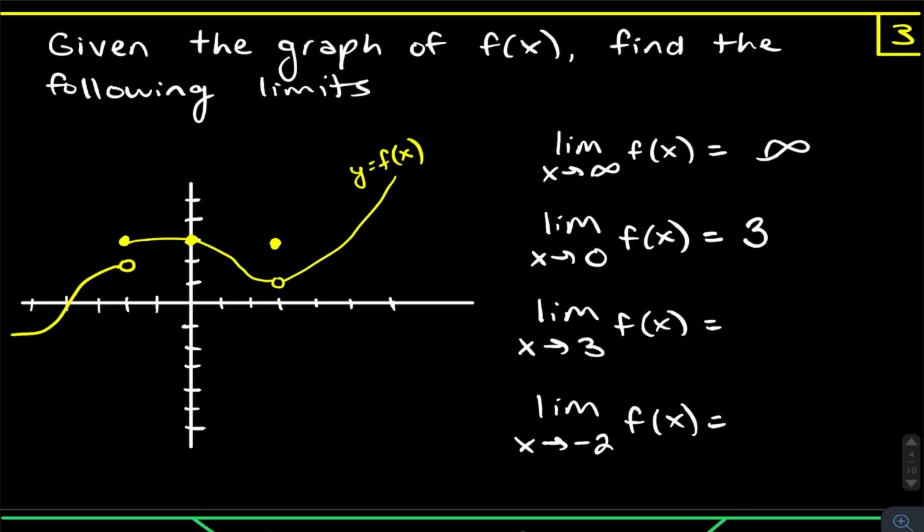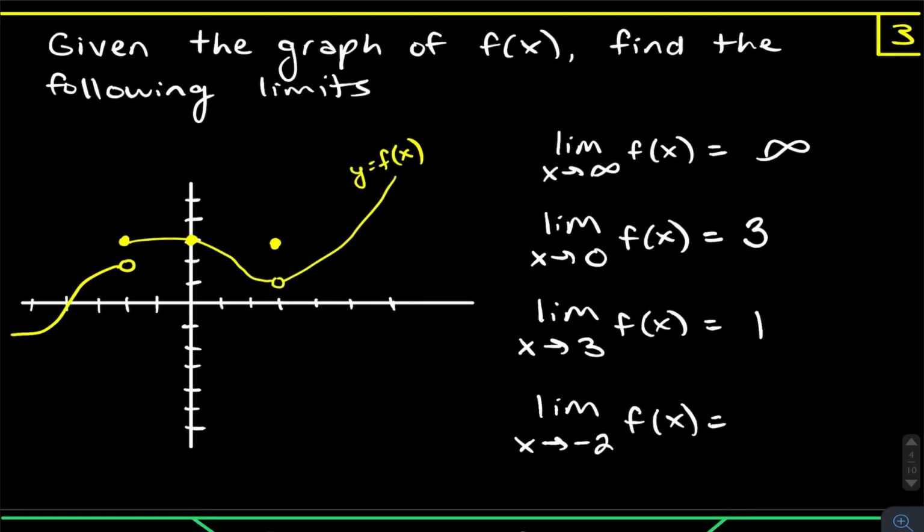We care about what this curve is approaching as it approaches x equals 3, not what it actually is at x equals 3. That's something different, right? If we asked what it actually is, it'd be this point up here. Okay, so this answer is 1, right? That's y equals 1 right here.